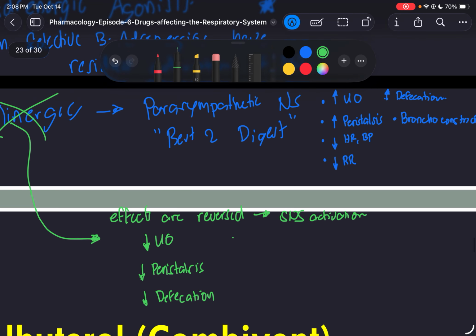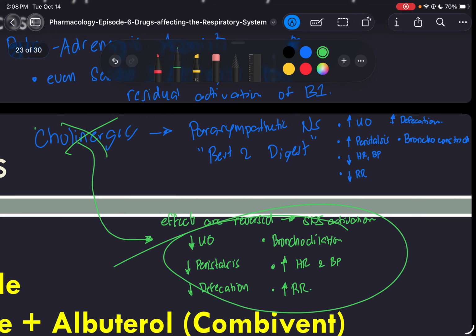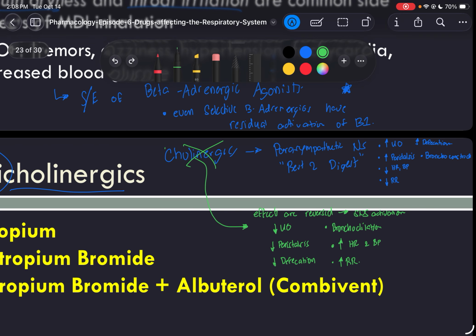There will be bronchodilation. There will be an increase in heart rate and BP, and an increase in respiratory rate. So these are the effects of our anticholinergics.